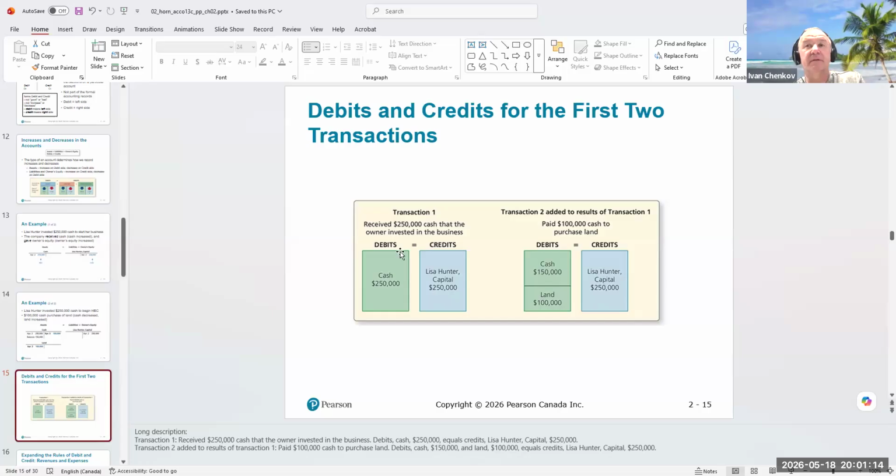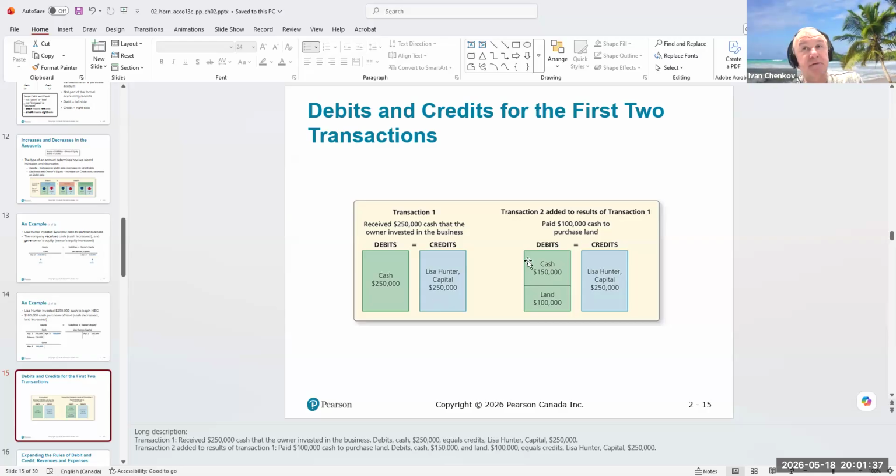Now, in the first transaction, as you can see, on the debit side we're using an asset account from one side of the equation, and on the other side we're using an account from the other side of the equation, the capital or equity account.